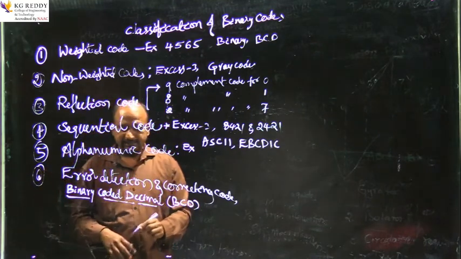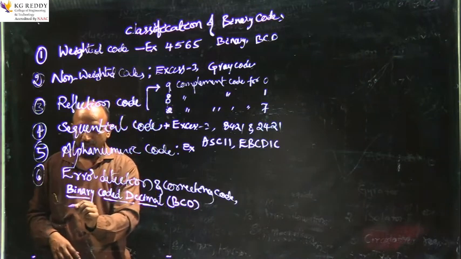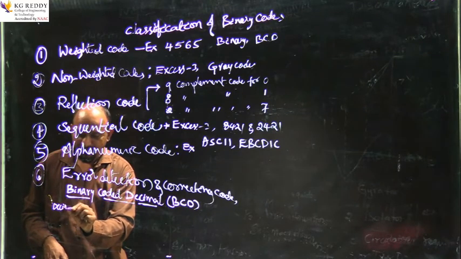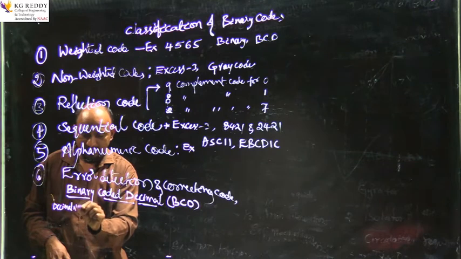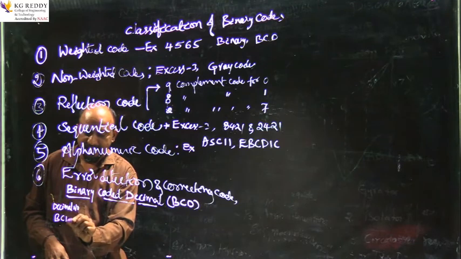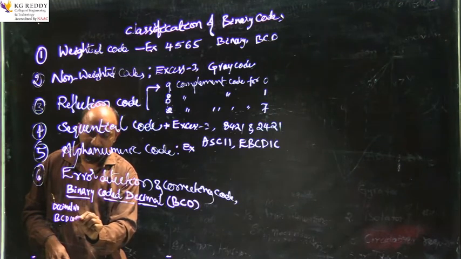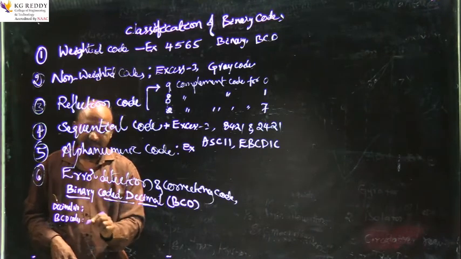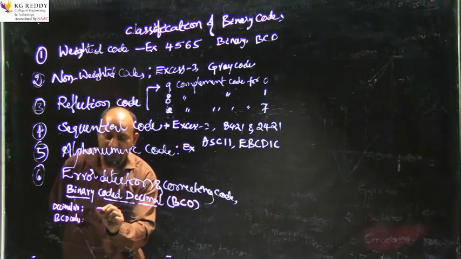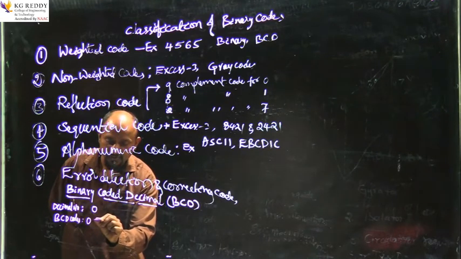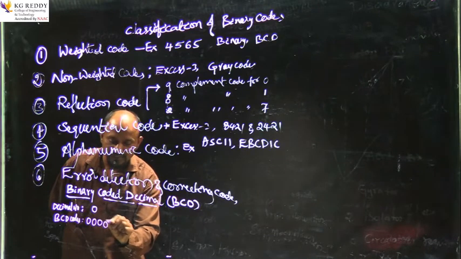Binary coded decimal numbers are from 0 to 9. I can write here the decimal numbers, and here the BCD codes. Let us take 0. What is the BCD? BCD is 0, 0, 0, 0.